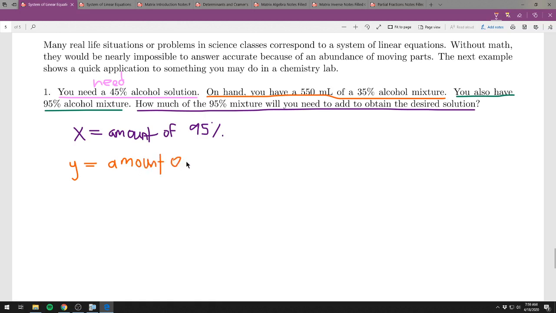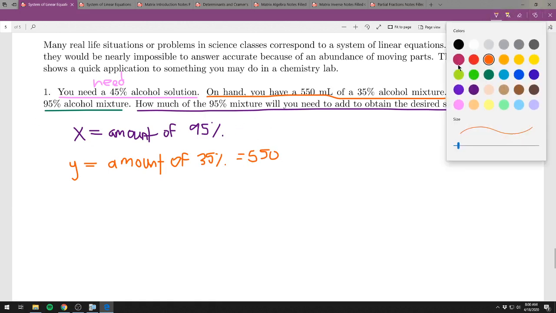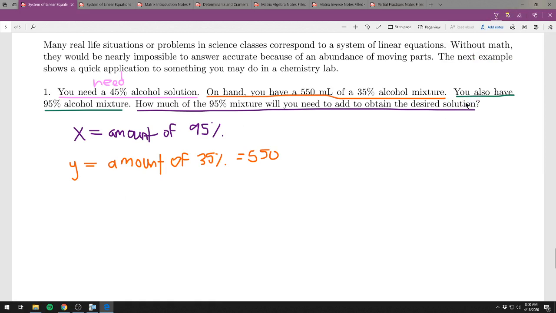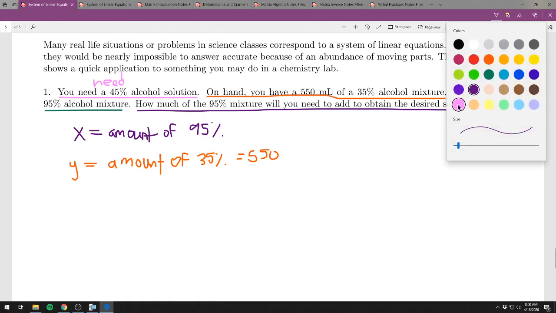So typically we would say Y is the amount of the 35% mixture, but we just happen to be told that it's 550. X is what we're searching for. We want to solve for X when we make our equations. Y would be our helper. And what we need is a 45% mixture.